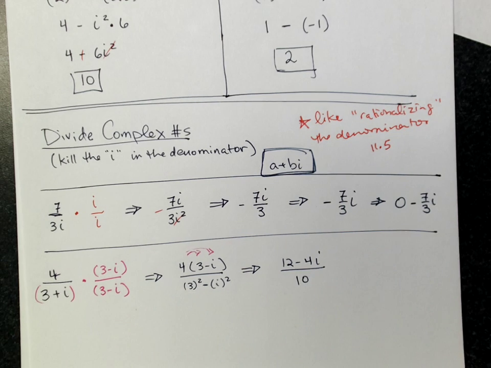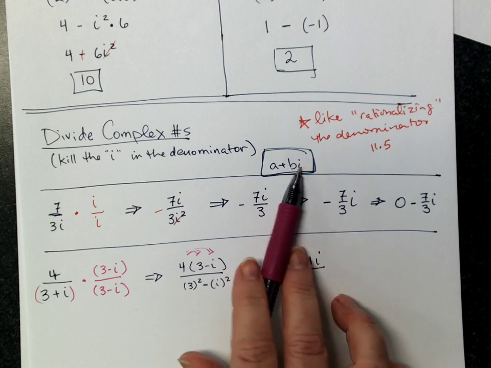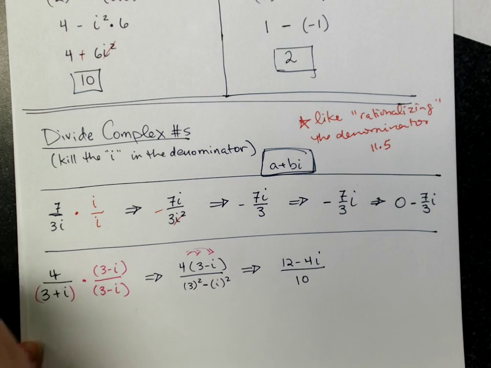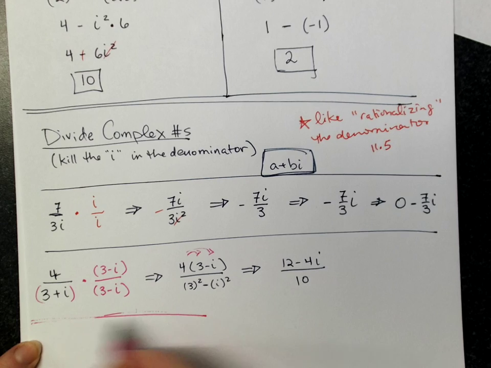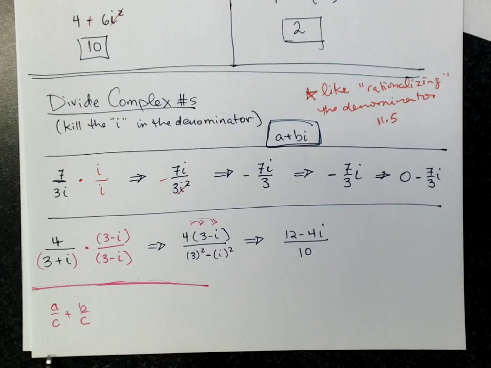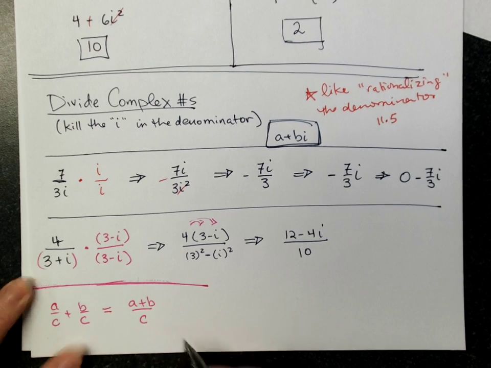Now, to simplify that further into this form, we have to break it up into two things, something plus something, instead of just one fraction bar. And so I point you towards your rules for basic fraction addition, which is if you have, let's say, a over c plus b over c, adding fractions with common denominators, well, you combine your numerators over your common denominator.